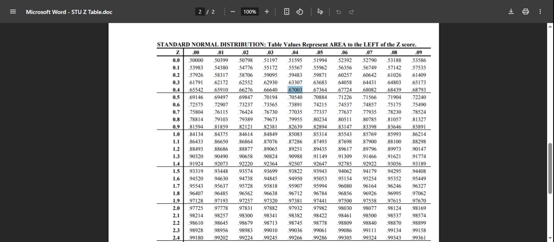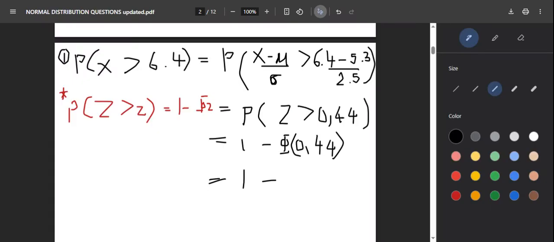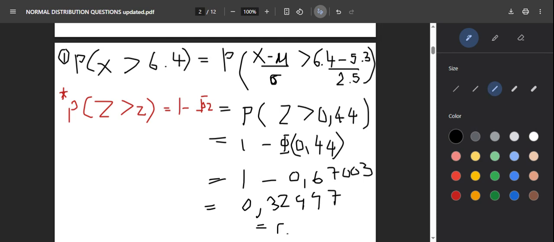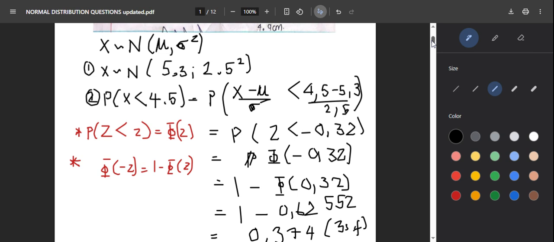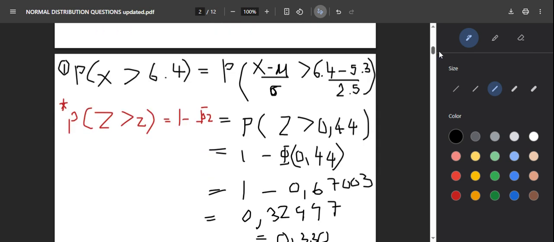So now you say 1 minus 0.67003, this is going to give you 0.32997. Remember, I have to round it off to three significant figures, so it ends up as 0.330. It also depends on what degree of accuracy the examiner wants you to use.